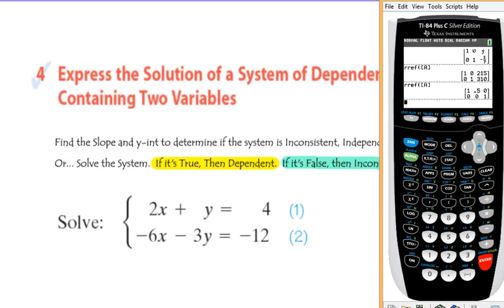If it's a true statement, I'll edit 2, 1, and 4. Let's try that again.